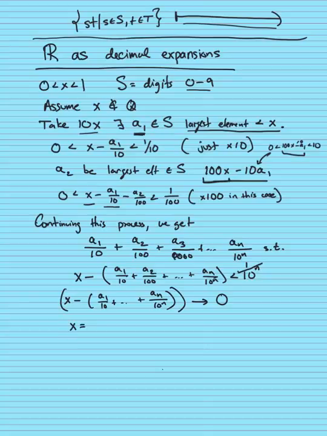So we get that x is a1 over 10 plus a2 over 100 plus dot dot dot. Or in other words, the way you write this is point a1, a2, a3, and so on.